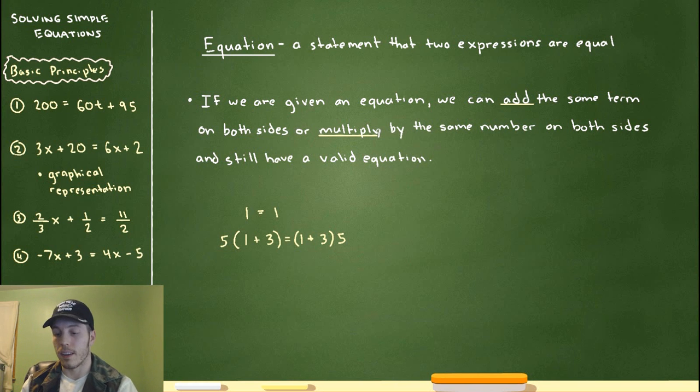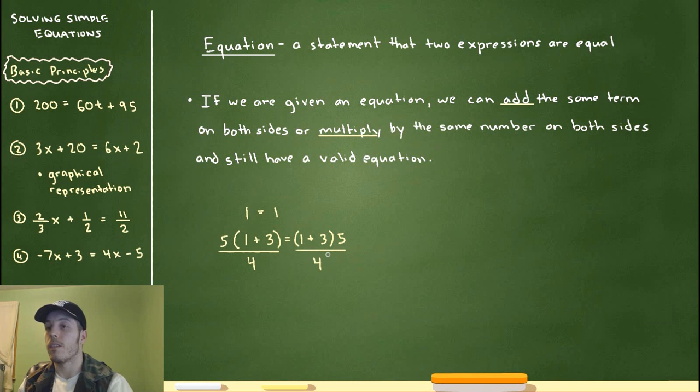So we could divide just as easily as well. If I take this statement and divide it by 4, I would have to do the same thing to the right side of the equation and divide by 4. So this is still a true statement. This is saying 20 divided by 4, which is 5, is equal to 20 divided by 4, which is 5.